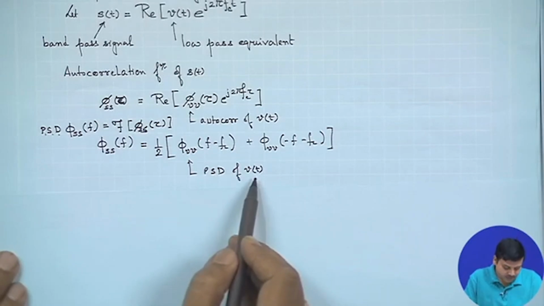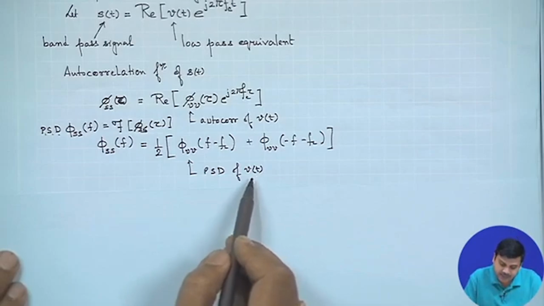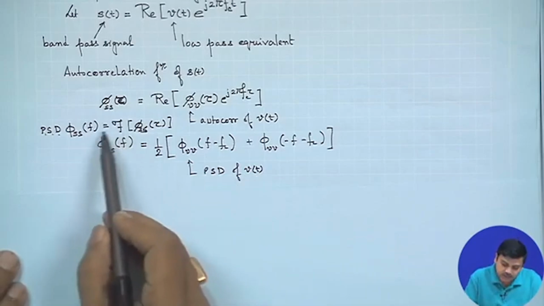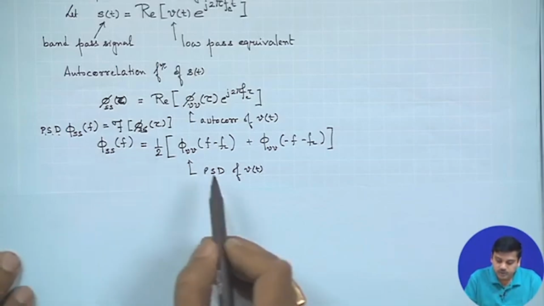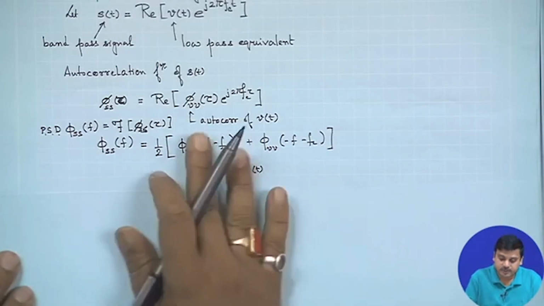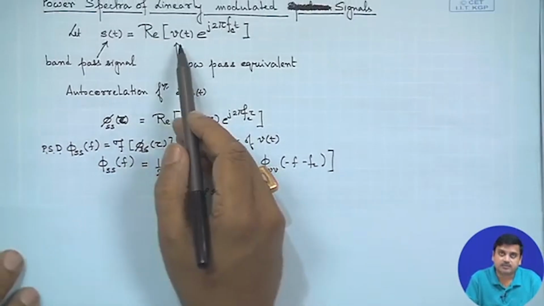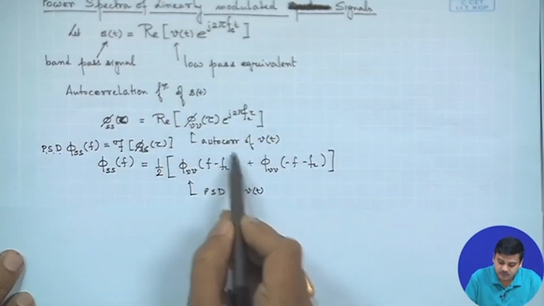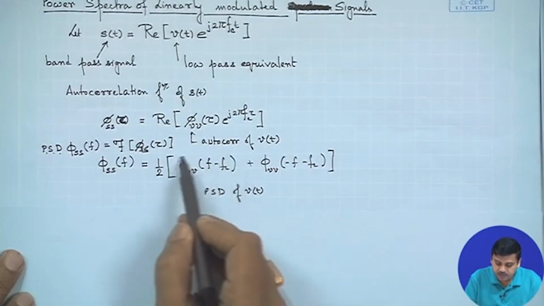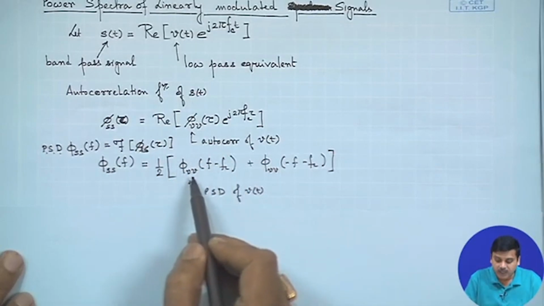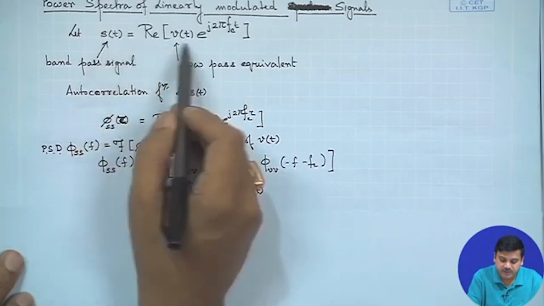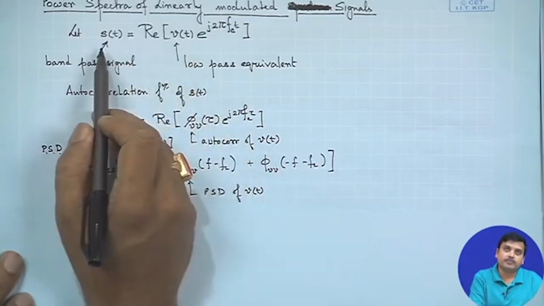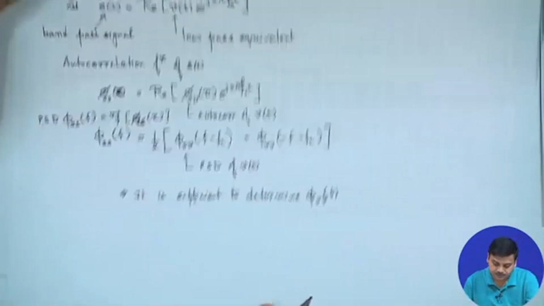So, what we can take from this is that in order to study the spectral properties of the signal, all we need to do is to study the spectral properties of the low pass equivalent signal. So, if we can study the power spectral density of V, then we could easily translate that to the power spectral density of S, where V and S are the low pass equivalent and the corresponding band pass signal.